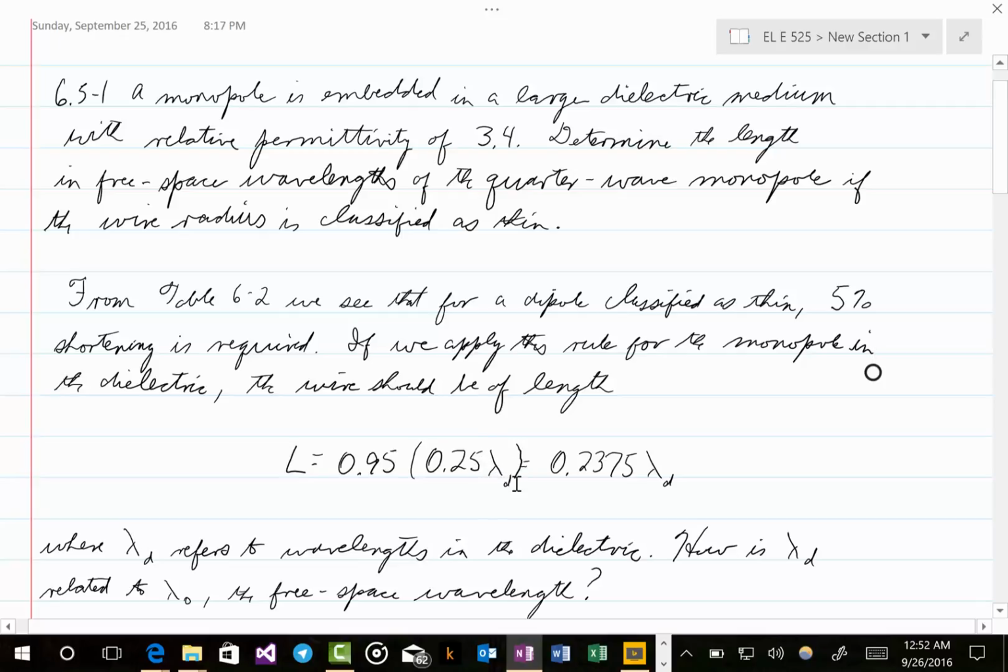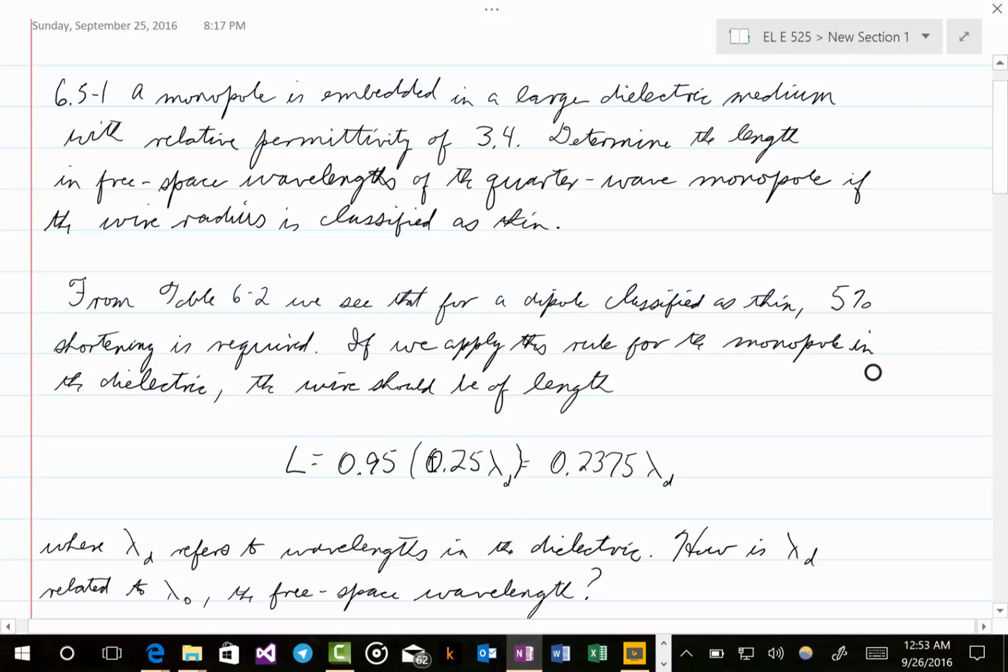Now, I've written this as lambda sub d because this monopole is embedded in a dielectric, and so the wavelength that we must use here is the wavelength of light in that dielectric. In different dielectrics, radiation will have different wavelengths, and so we must use the wavelength that is appropriate for that particular dielectric.